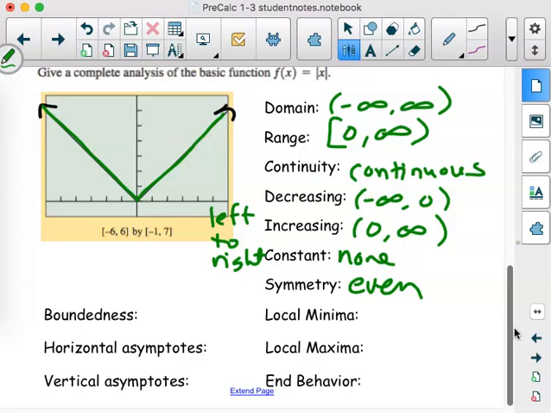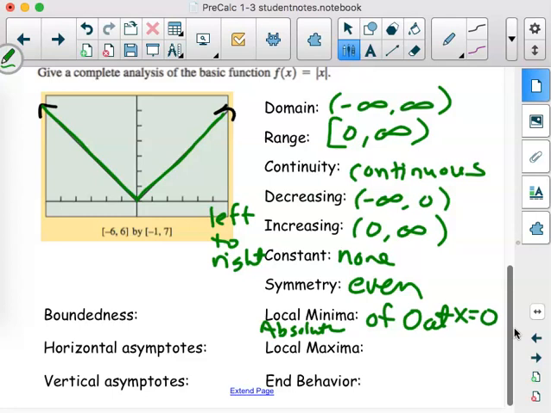A minimum, right? All right, so local minimum of 0 at, what's the x value where it's 0? 0. That also is the absolute minimum. We wouldn't have you write that down. Usually it just asks for the local mins and maxes.